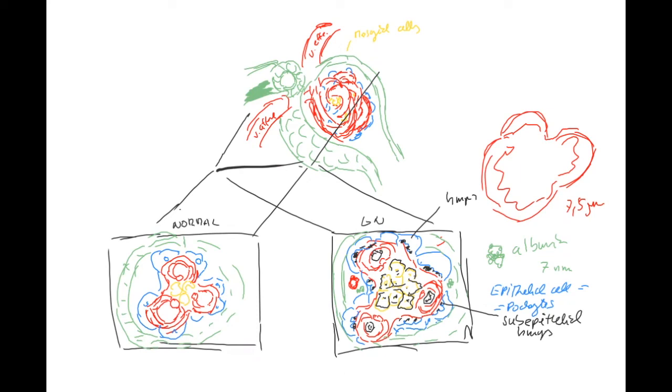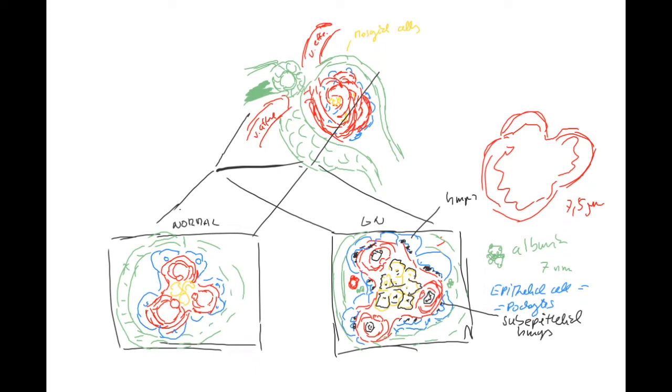Typically of the parietal epithelia. So this rupture and blood that is accumulated in the Bowman space triggers proliferation of the epithelial cells. And all these together form a crescent. So you can call it a cellular crescent, okay?